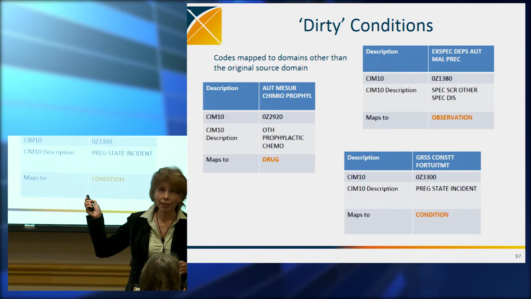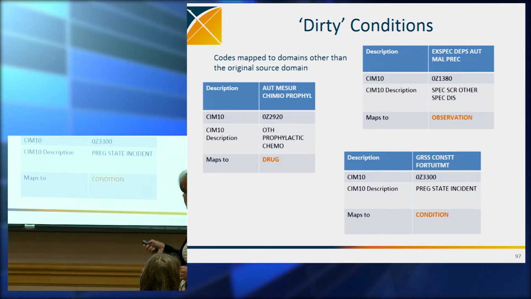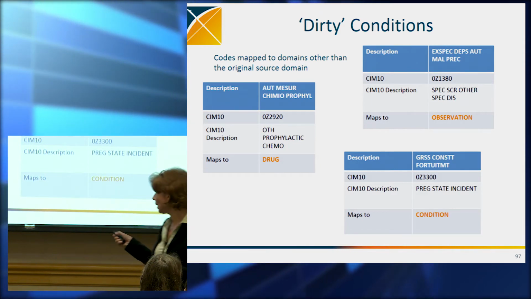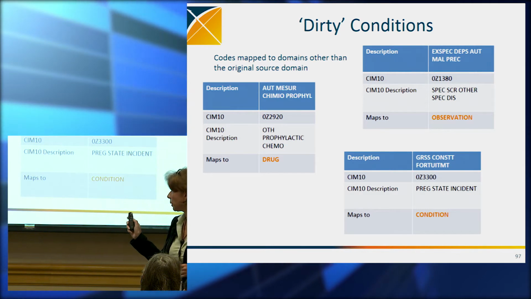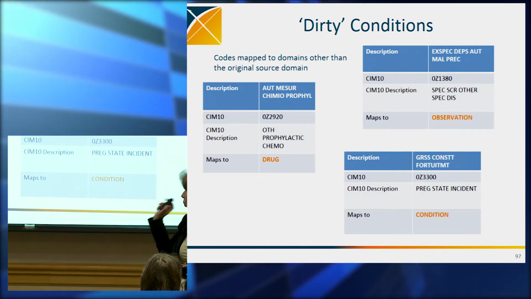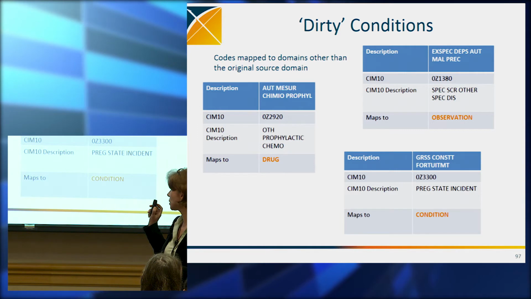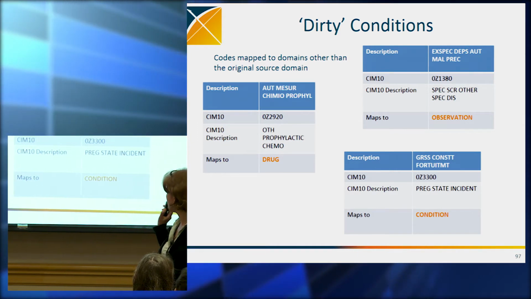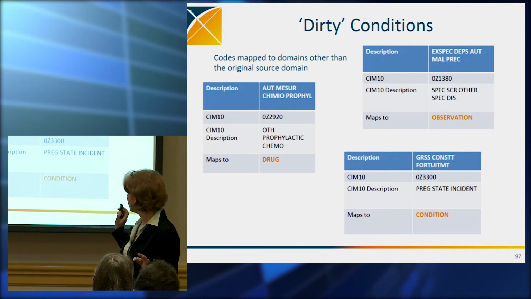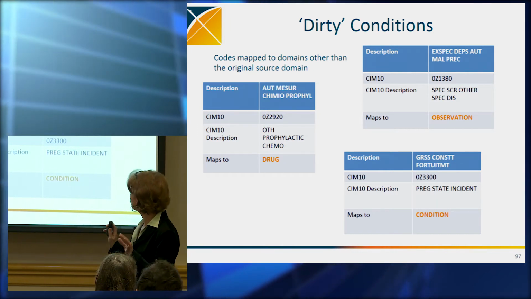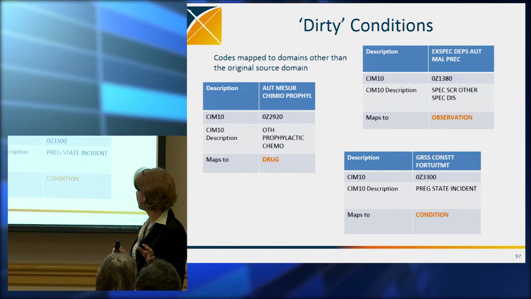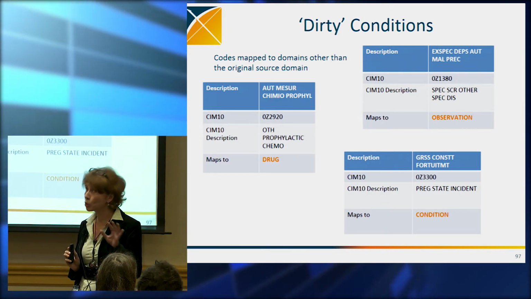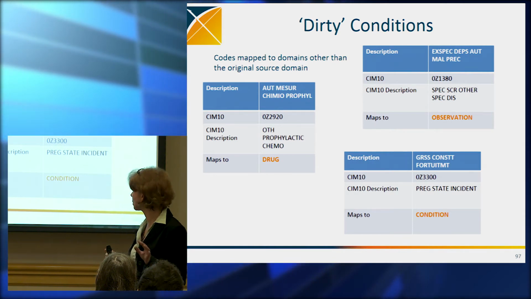I mentioned dirty conditions. Here we have the CIM-10, I was told is a German diagnosis coding system. And we here have an example of 3 different flavors of things coded in this presumably diagnosis coding system.